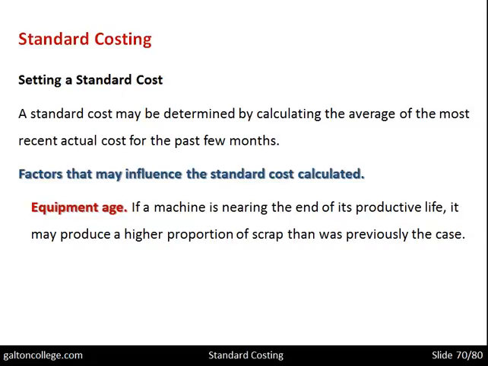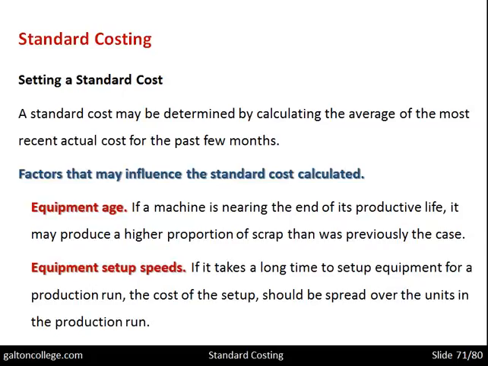So in making estimates for standard costs, the accountant must factor in that the capital is no longer in pristine condition and that earlier figures will be different to later figures because machines are wearing out, tools are wearing out, and the costs are likely to rise as they move into the future. So equipment age needs to be borne in mind when setting standard costs.